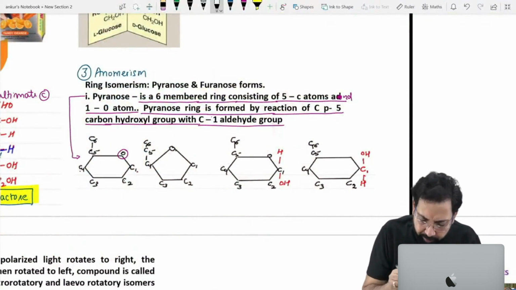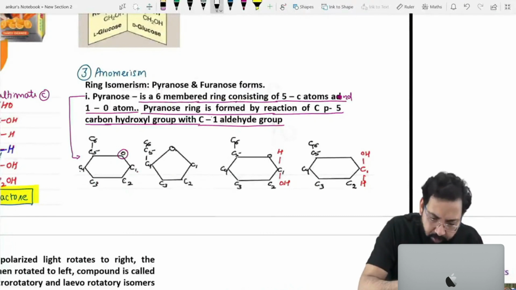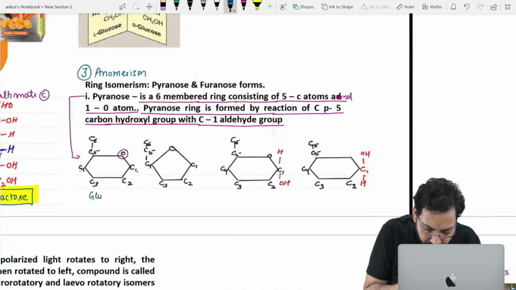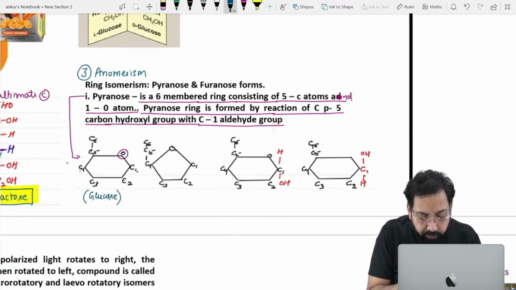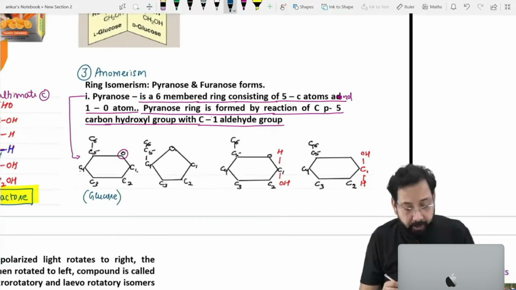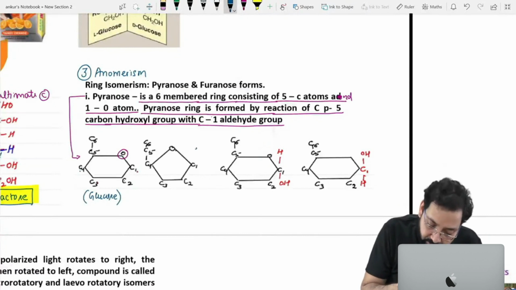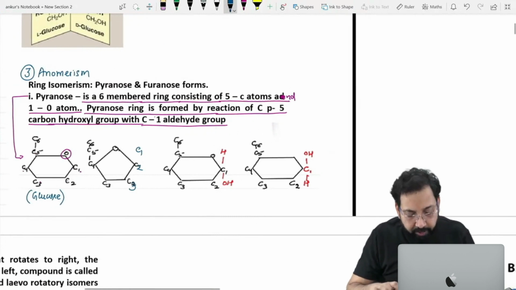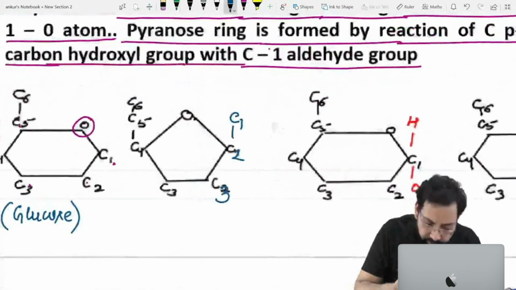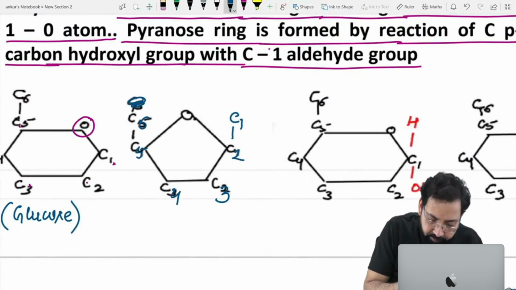This is glucose. Glucose is usually found in which ring? Pyranose ring. But if I say C1, C2, C3, I am modifying deliberately: C1, C2, C3, C4, C5, C6, cut.